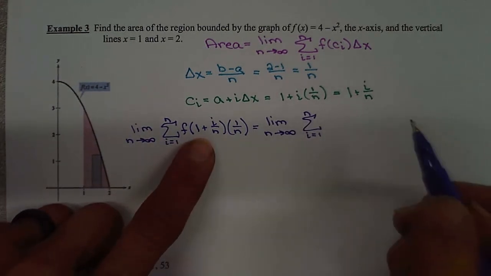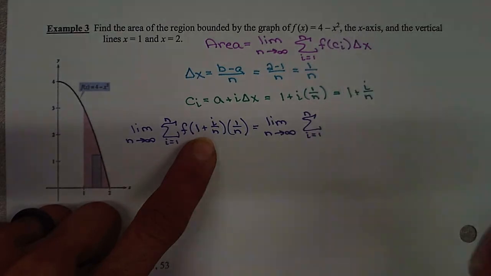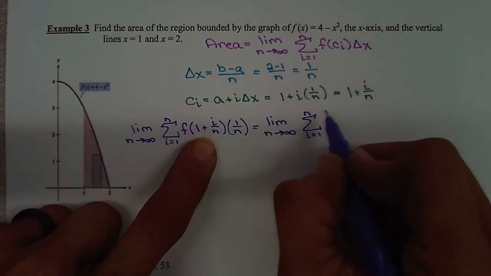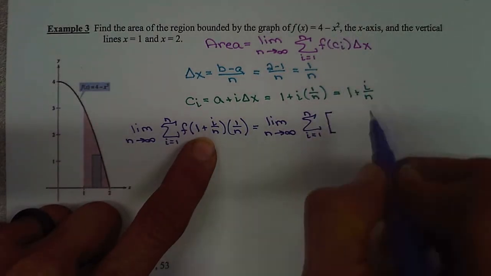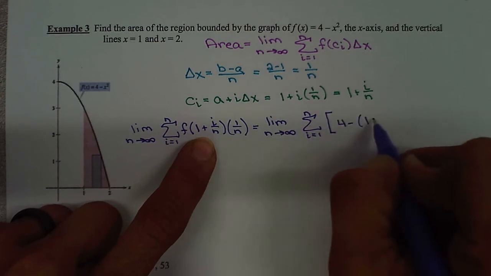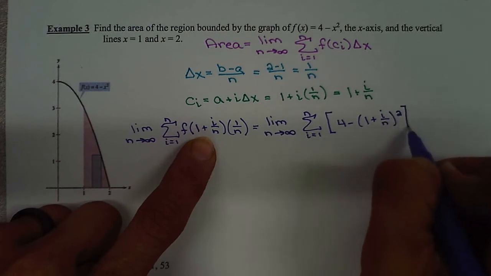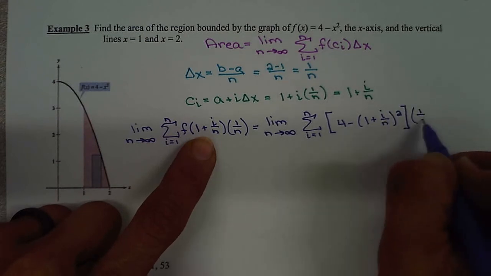And now here, if I plug in this 1 plus i over n into my original function, it's going to look like a 4 minus the quantity 1 plus i over n squared times my delta x, which is a 1 over n.